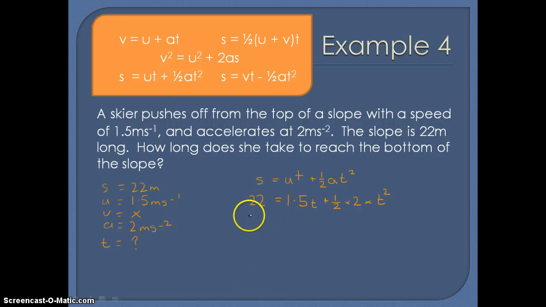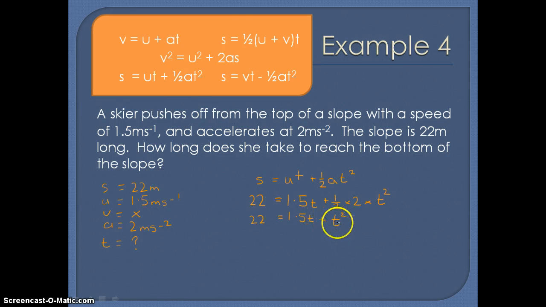So if we just simplify that as much as we can do, so 22 equals 1.5T, a half multiplied by 2 is just going to give us 1, so that will be just plus T squared.